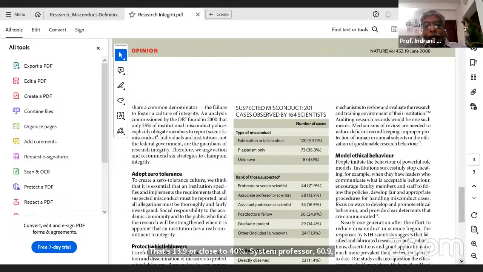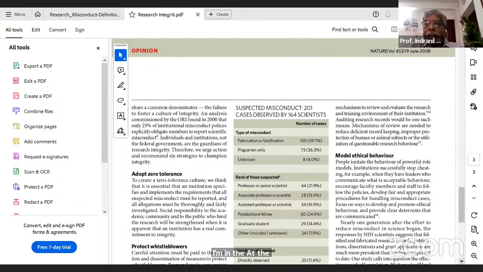Associate professor is a little less, but professors is almost 22. And remember, professors are at the highest echelons of the university academic hierarchy. Postdoc fellow, 24.9, that's 25%. Graduate students, 14%, and others, another close to 12%.